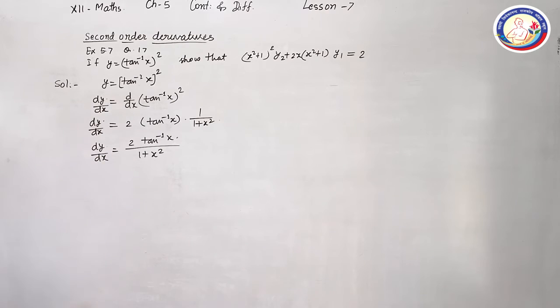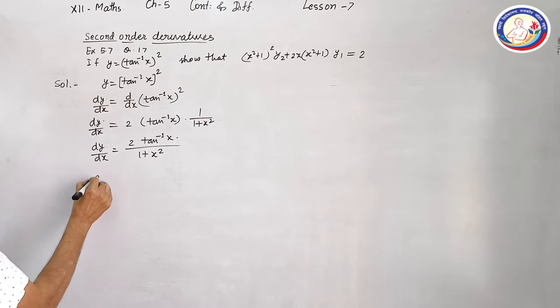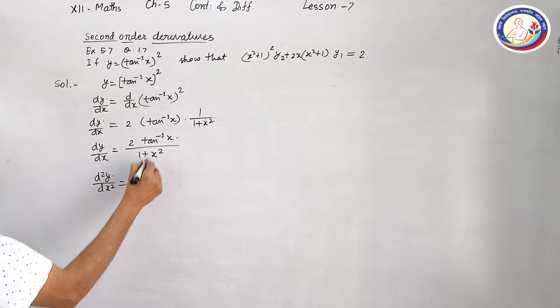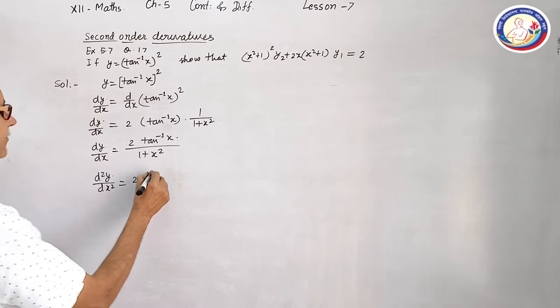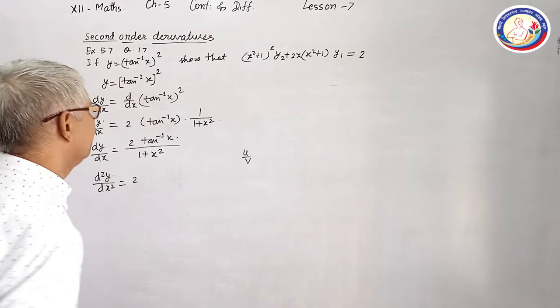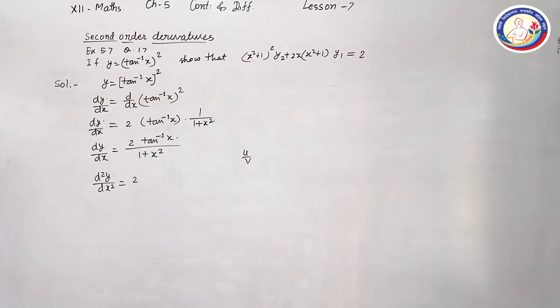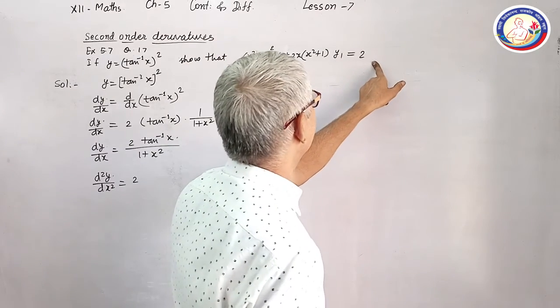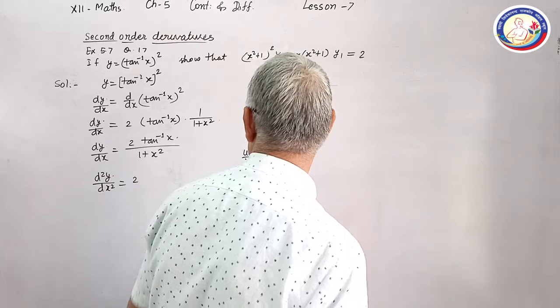If we differentiate it again, we will have the second order derivative of y. 2 is constant, so using the u by v method, we can find the second derivative.